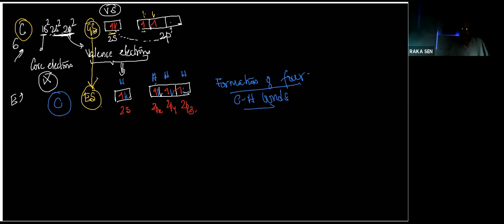You made a transition from ground state to excited state by supplying energy. Whenever you're supplying energy, this electron takes this energy and jumps from the lower 2s energy state to a higher 2pz energy state. Up to this much, is it clear to all of you? Yes or no? Up to this much.